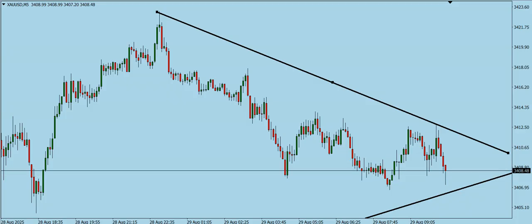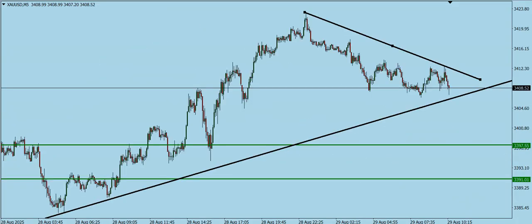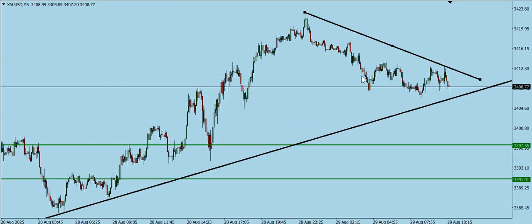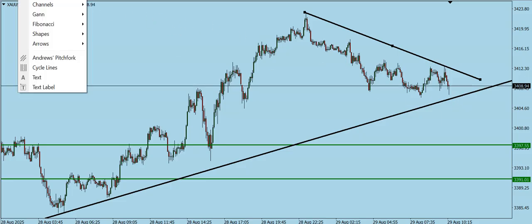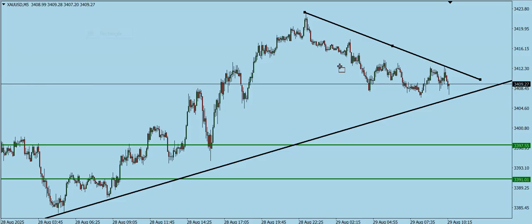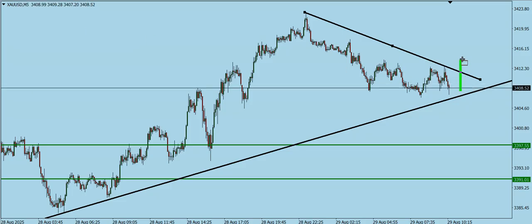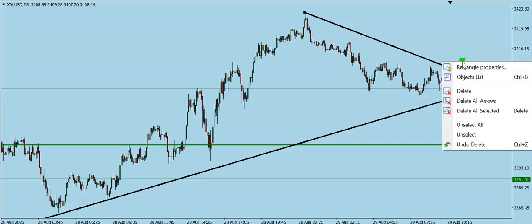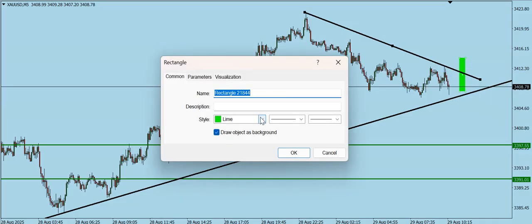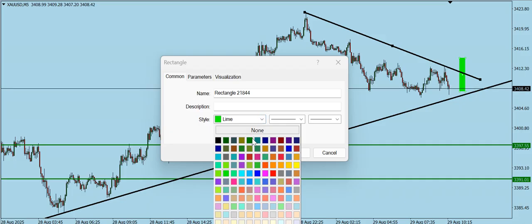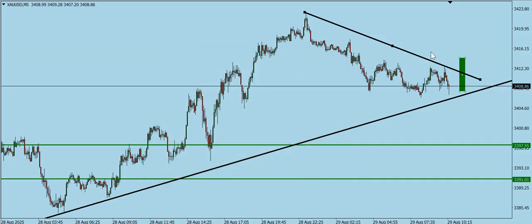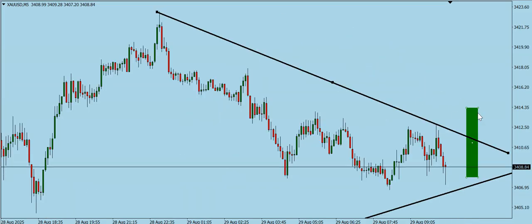So for now, look for selling opportunities until you see a break above this descending trend line. You see a break above this descending trend line, you see something like this. Price gives you a candle that breaks above and closes above the descending trend line, something like this.